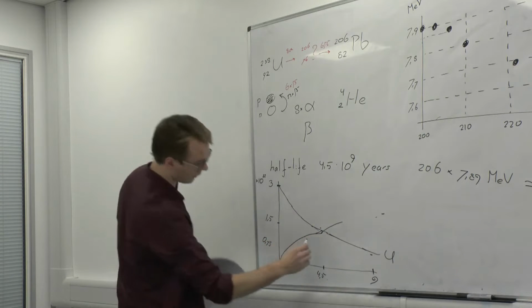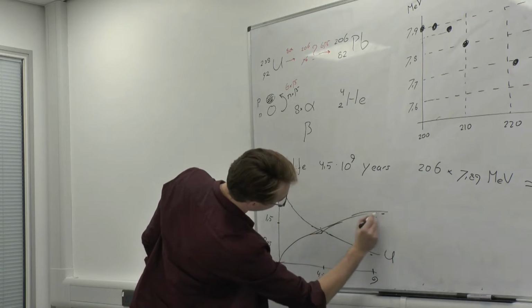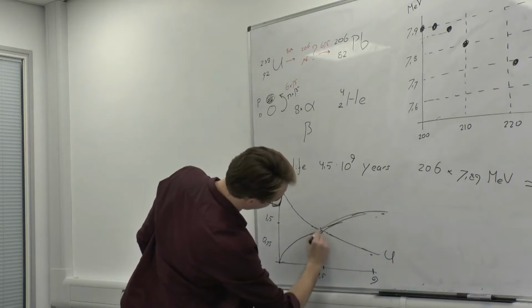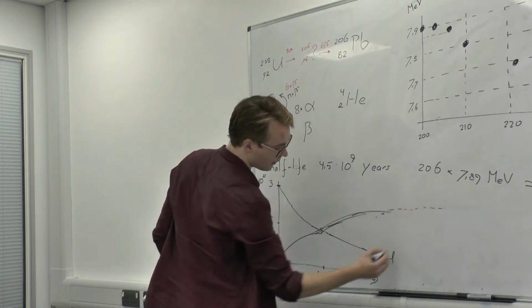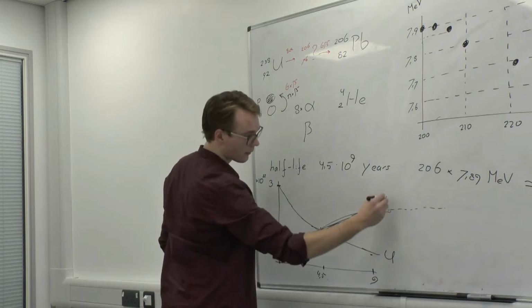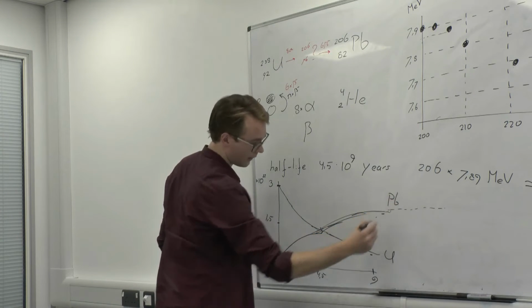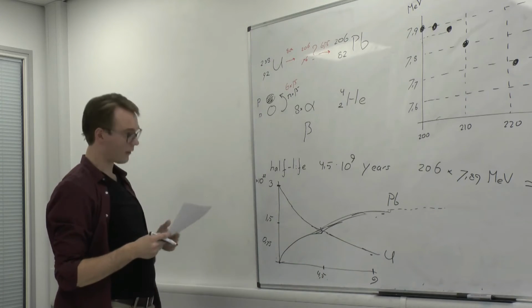It's going to be an ugly graph. And this will asymptotically go to 3, whereas this here will go asymptotically to 0. So this is the number of lead atoms. So this is question C. Draw this graph.